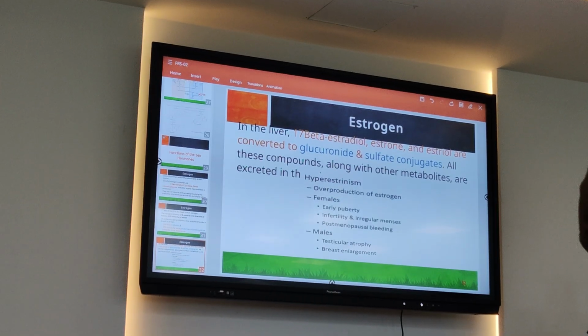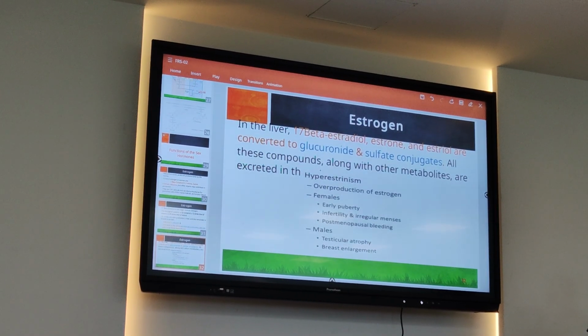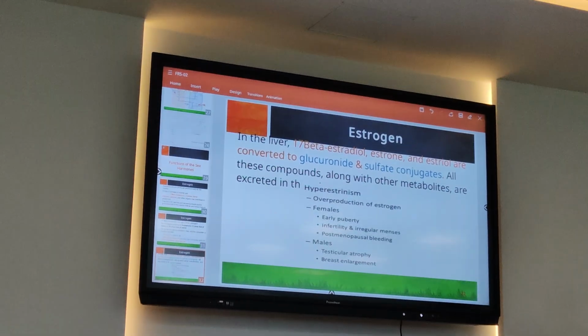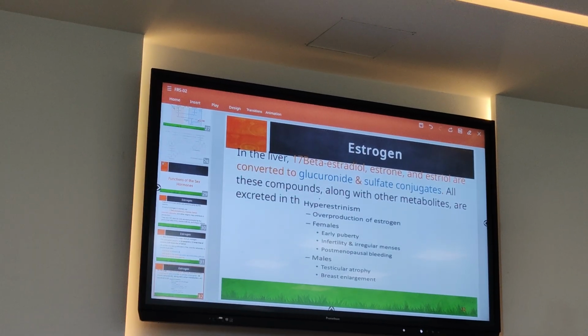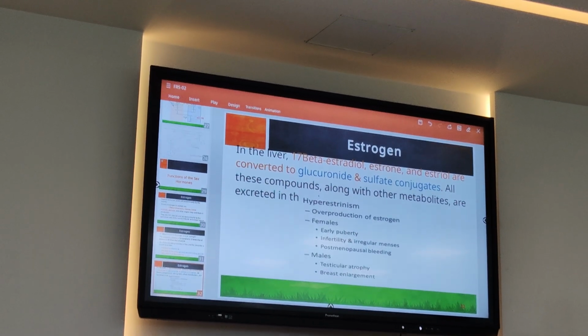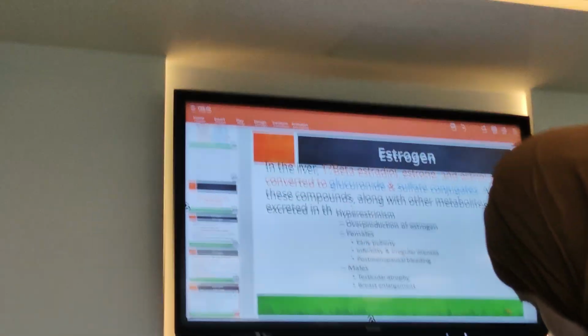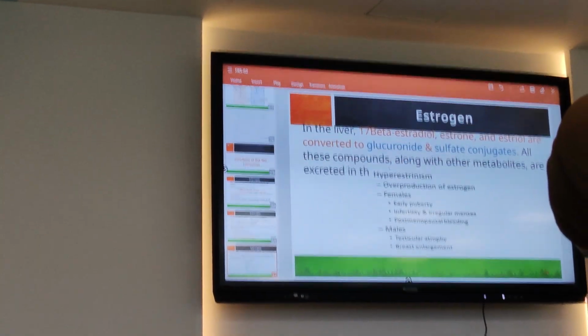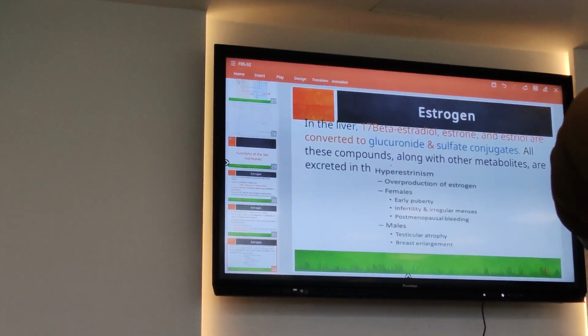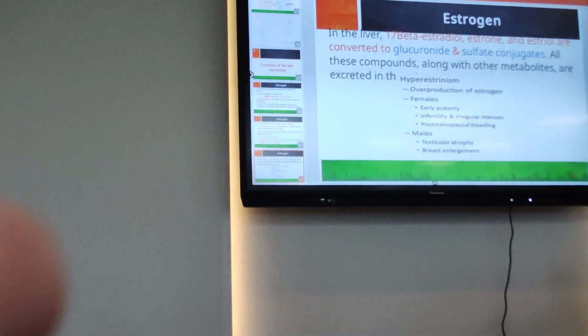In male, also, in some cases, we have a high amount of estrogen. And yes, enlargement of breast. Imagine that there is an overactivation of aromatase enzyme in male. In male, what happens by overactivation of aromatase enzyme?